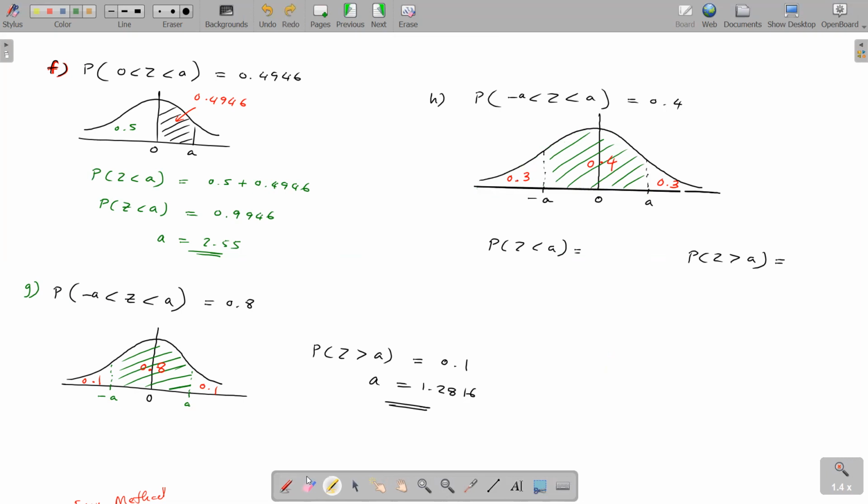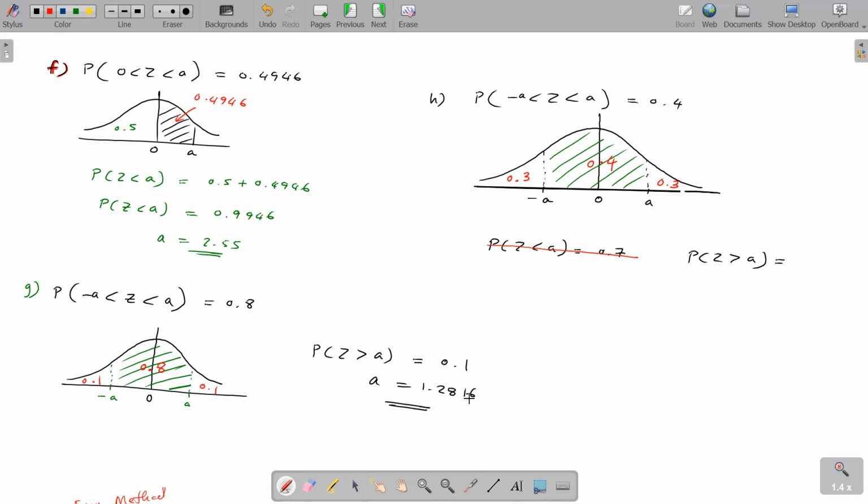But if you try to use the first table, you don't find such an area, 0.7, because in the first table the probabilities are given to 4 decimals. You won't find such a value there.